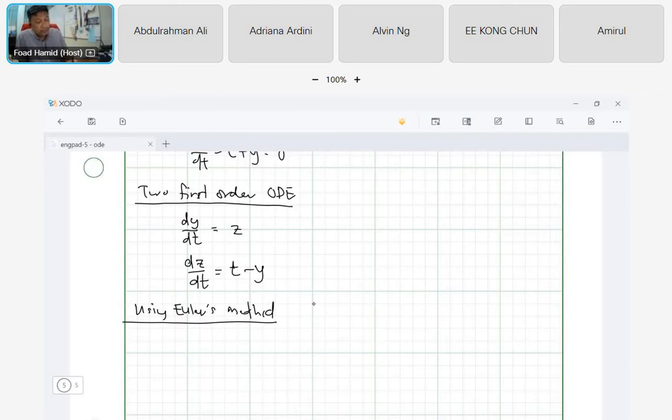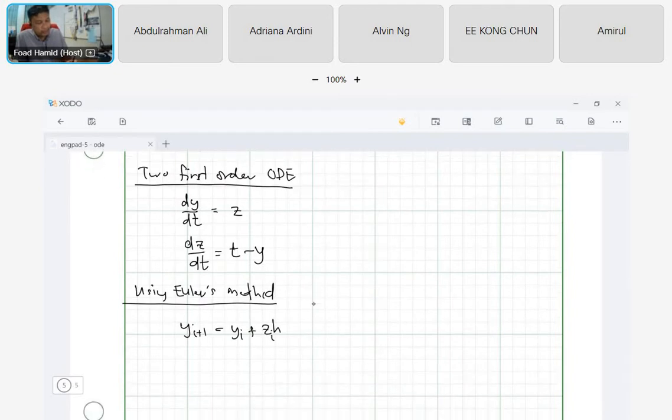So we know that from the first equation, our y(i+1) is just equal to y_i plus z_i h.